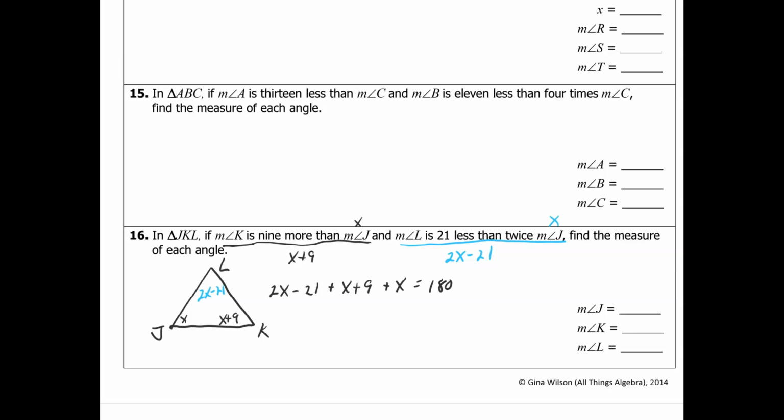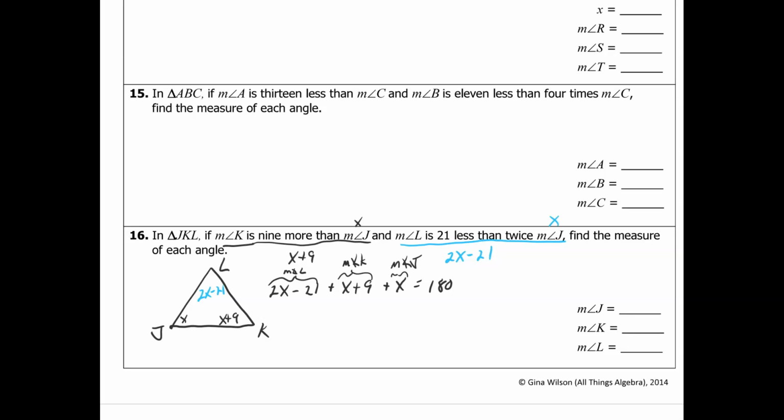Just to make sure that this is clear, this is angle L, that's the measure of angle L. This is the measure of angle K. And that angle right there is the measure of angle J. And those three angles add up to 180.